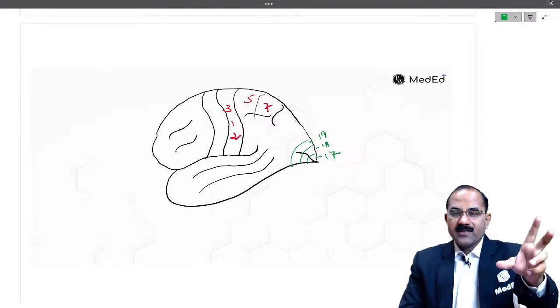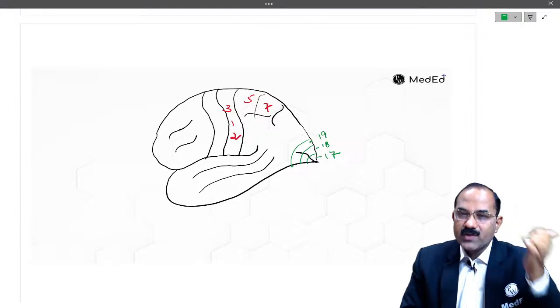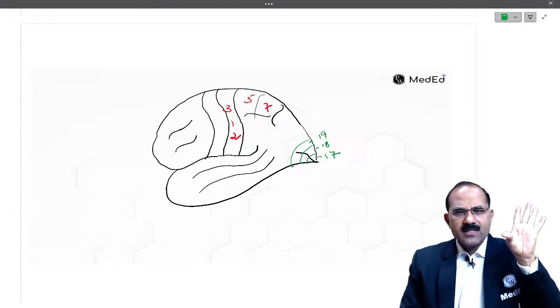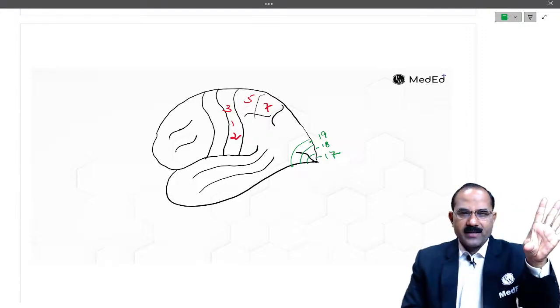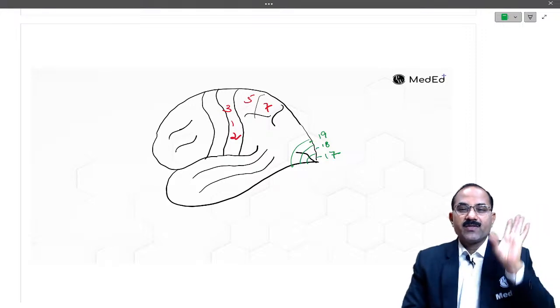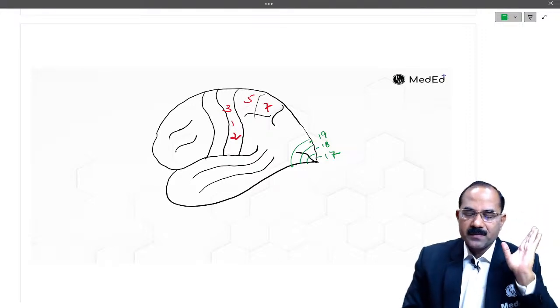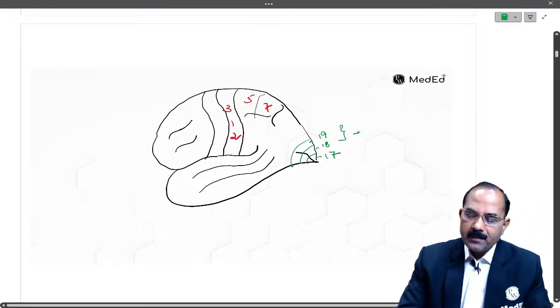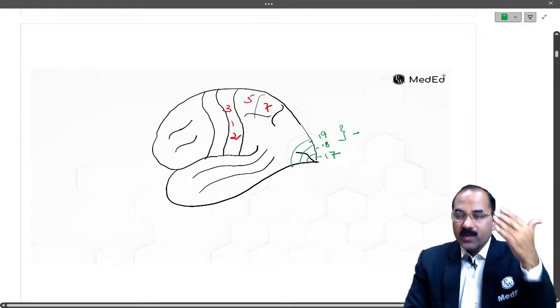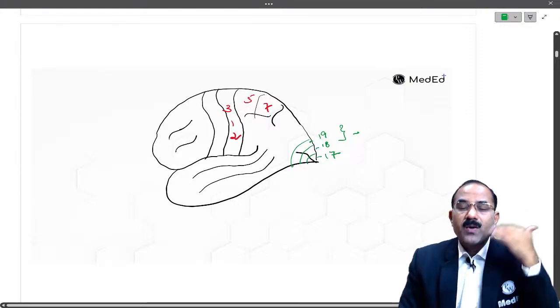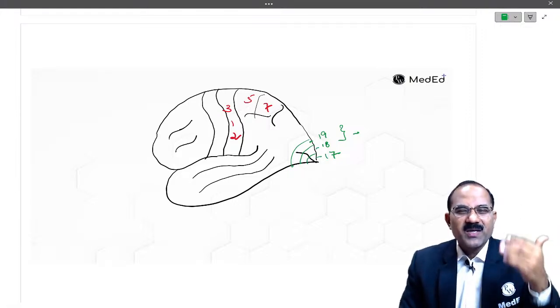So 18 and 19 are visual association areas. If 17 is damaged, what will happen? The person will be blind. 17 damaged, person is blind. That is what we call cortical blindness. Now, 18 and 19 damaged, what happens? The person is looking, but the person is not able to understand what the person is looking at.